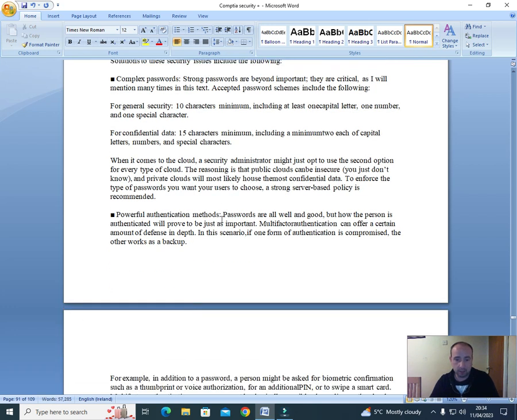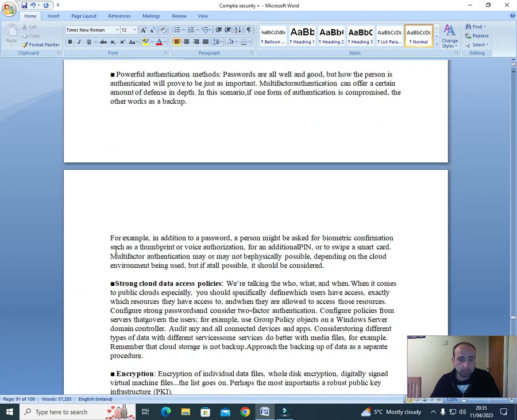Powerful authentication methods. Passwords are all well and good, but how the person is authenticated will prove to be just as important. Multi-factor authentication can offer a certain amount of defense in depth. In this scenario, if one form of authentication is compromised, the others work as a backup.